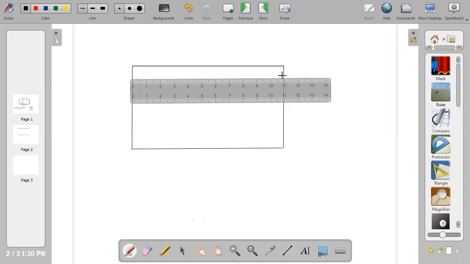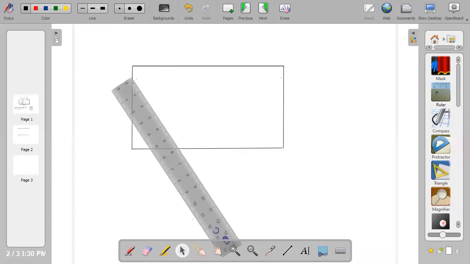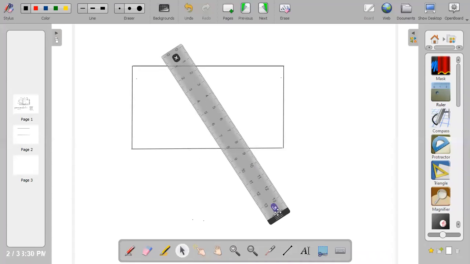Go to the other end, 0.1, 0.2, in between you mark out another dot. Take the ruler to the top, so you can mark 2 or 3 convenient dots.